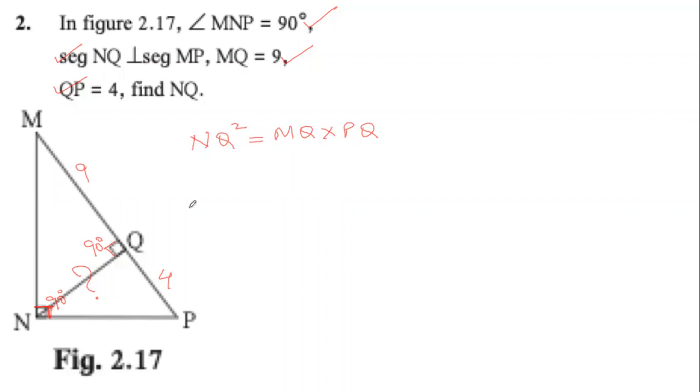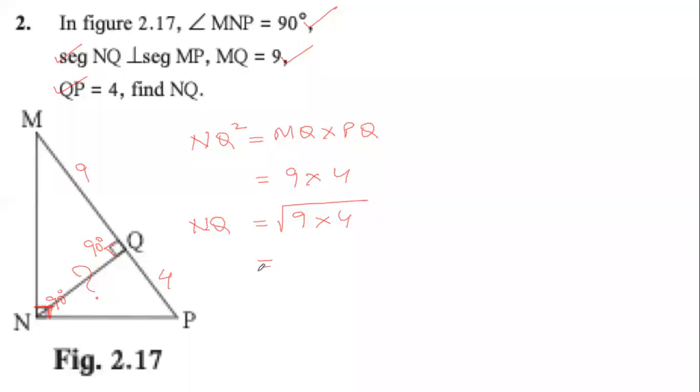From the question, we know that MQ is given as 9 and PQ is given as 4.